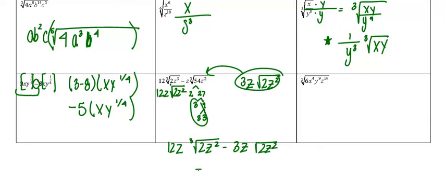So I'm going to have 12z, since 3 goes into 5 once, and 5 minus 3 is 2. I'm going to be left with 2z squared. So this is for this one, this is for that one. If I have 12z times the cubed root of 2z squared minus 3z times the cubed root of 2z squared, my radicals are combined, and I should have 9z times the cubed root of 2z squared.